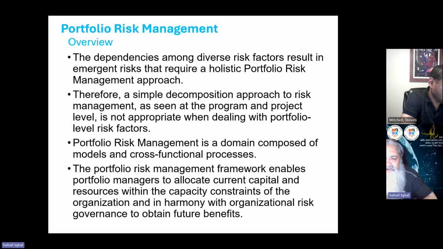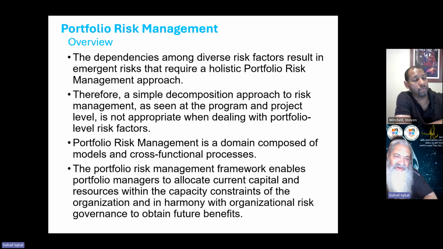Portfolio risk management is a domain composed of models and cross-functional processes. When the complexity is so much, we start resolving the complexity through the use of models and cross-functional processes. Well, cross-functional, yes, of course, we can move downwards to the program and project.